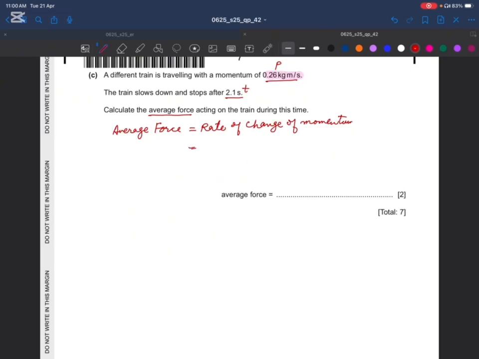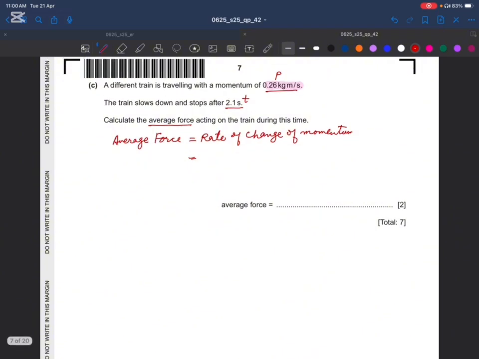So simply you can say that there is a value which is the change in momentum. A different train is traveling with a momentum of this much. The train slows down and stops. When you say the train stops, the final momentum is zero. So you can say that this is your initial momentum, and here you have the final momentum.